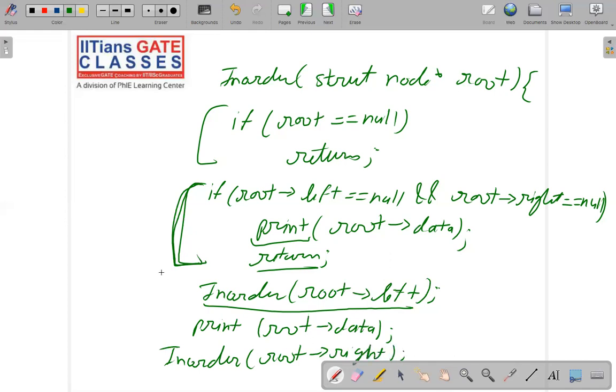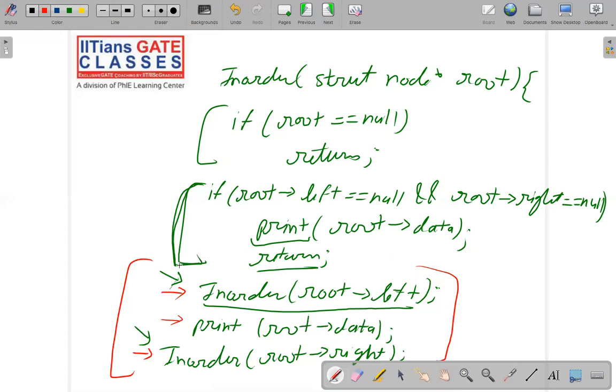So this will first recursively go into the left subtree and try to print the leftmost. Then it will print the root node. Then it will go for the right subtree. So these three steps are quite important. See this order. In order, go to left, then print the current node, then go to right.